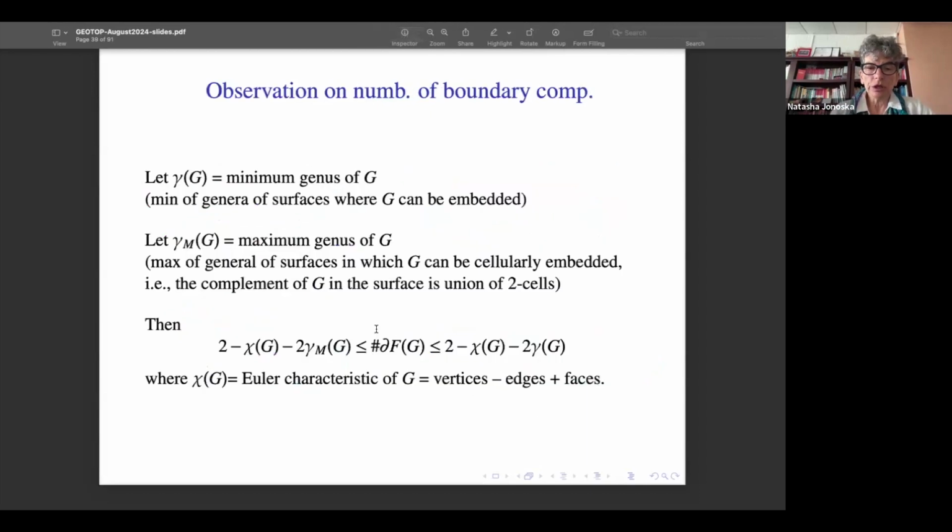So it turns out that the number of boundary components depends directly on the genus, the Euler characteristic, and the maximum and the minimum genus of the surface where this graph is being embedded, cellular embedding only.